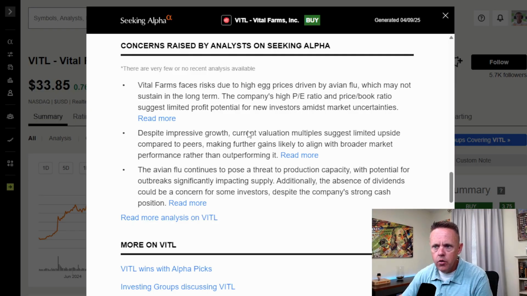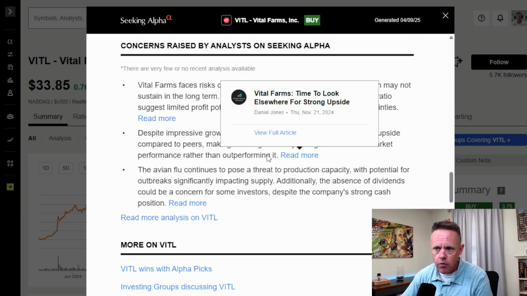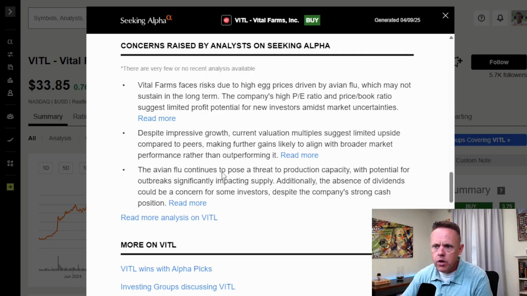Despite impressive growth, current valuation multiples suggest limited upside compared to peers, making further gains likely to align with broader market performance rather than outperforming it. The avian flu continues to pose a threat to production, with potential for outbreaks significantly impacting supply. Additionally, the absence of dividends could be a concern for some investors, despite the company's strong cash position.